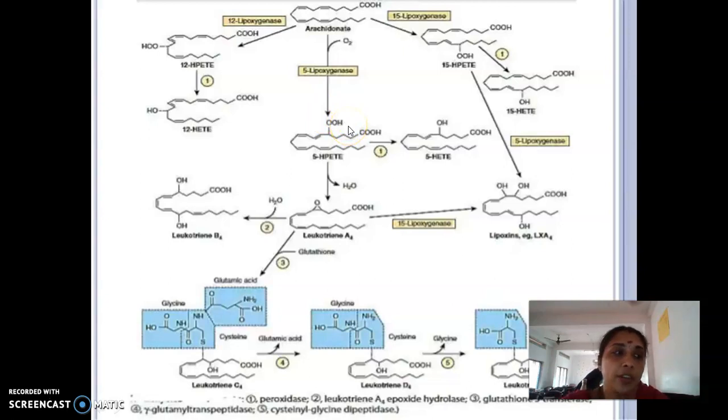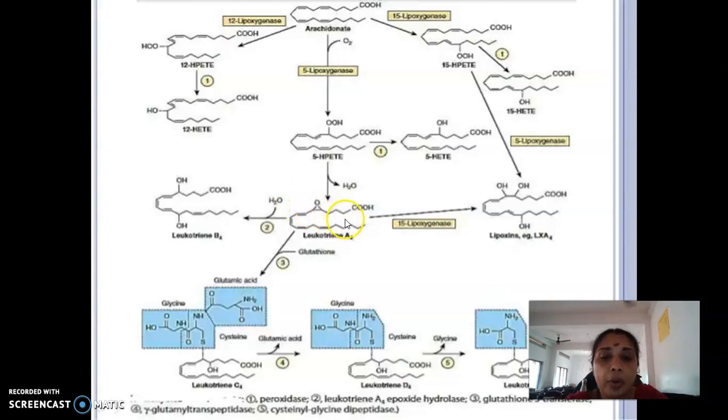Now, what are the functions of leukotrienes? Leukotrienes are synthesized from arachidonic acid, giving rise to a highly unstable hydroperoxy eicosatetraenoic acid, which may be acted upon by peroxidase enzyme to give rise to 5-hydroxy eicosatetraenoic acid, or it can be converted into the lipoxins or other types of leukotrienes from leukotriene A4, right?